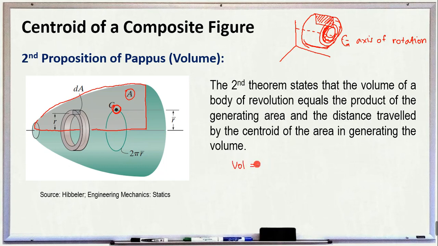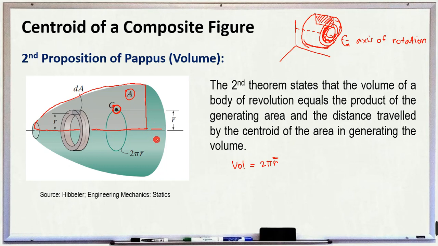So the volume is equal to the circumference 2 pi r. Again, r here is the what? The distance from the center or from the centroid of the given area towards the axis of rotation.